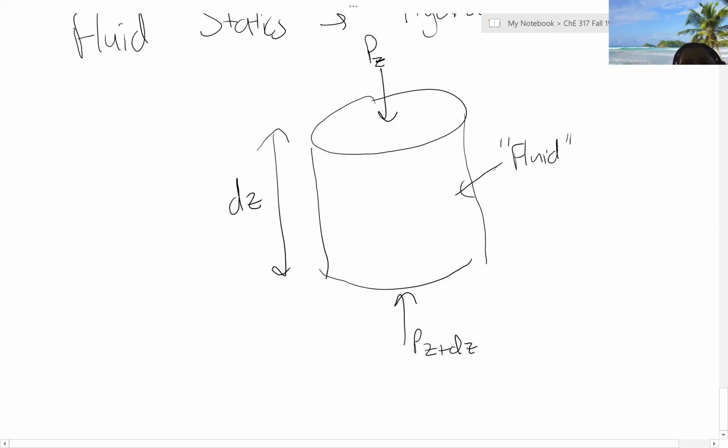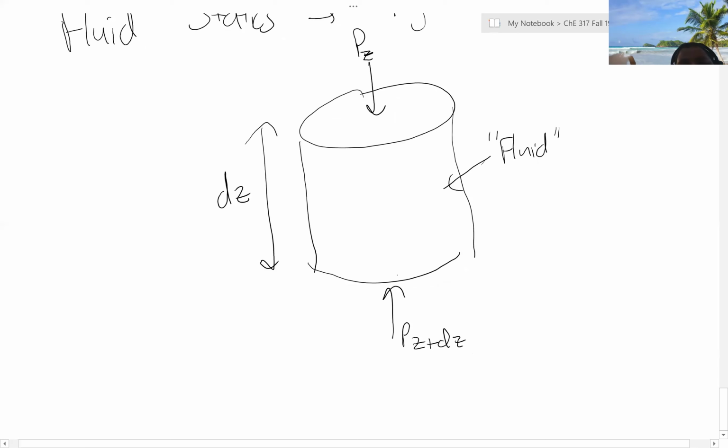And then I can ask myself, can I determine the difference in the pressure from the top of my slice of fluid to the bottom of my slice of fluid? So what is the pressure difference?